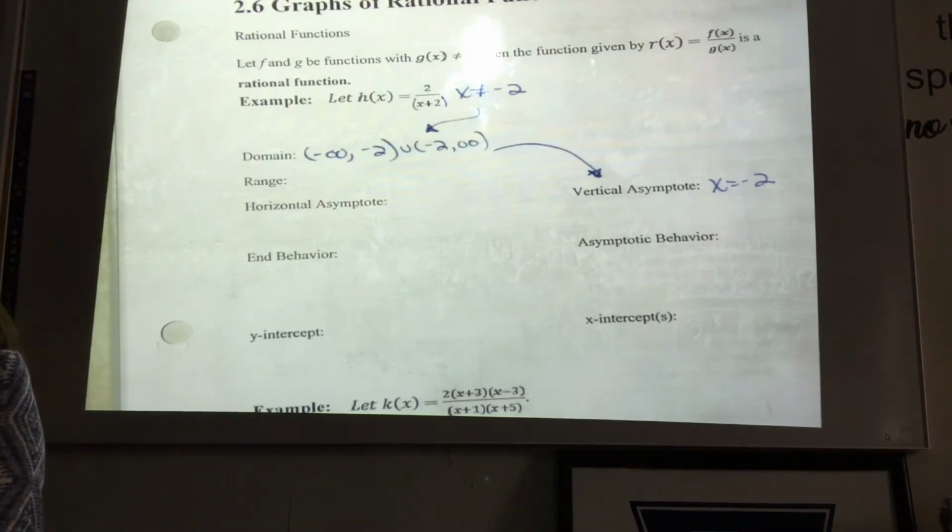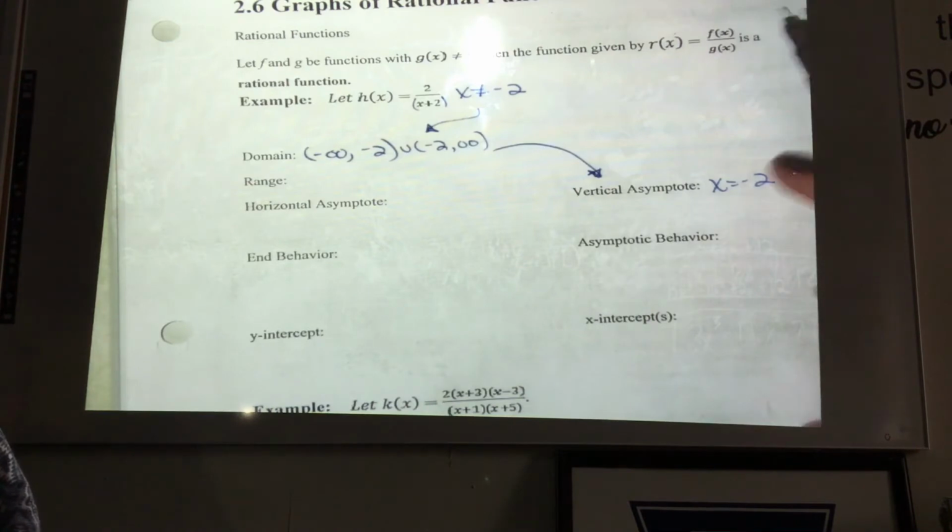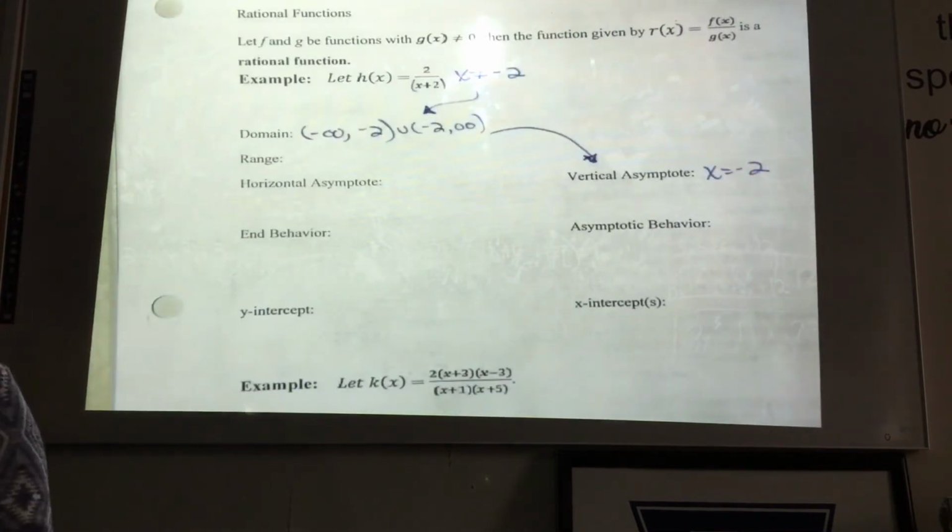All right, now I move to range. We're going to play fill in the blank. Unless my function is a blank function, I must graph it to find range. What kind of function can I solve for range without having to graph?